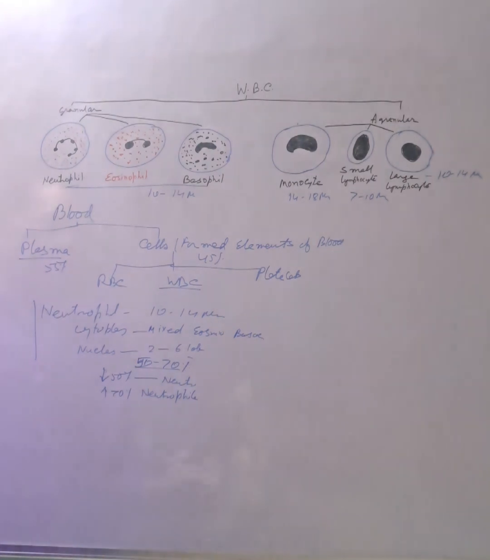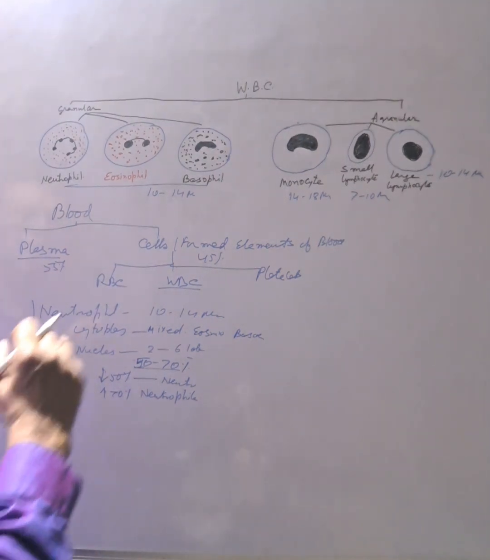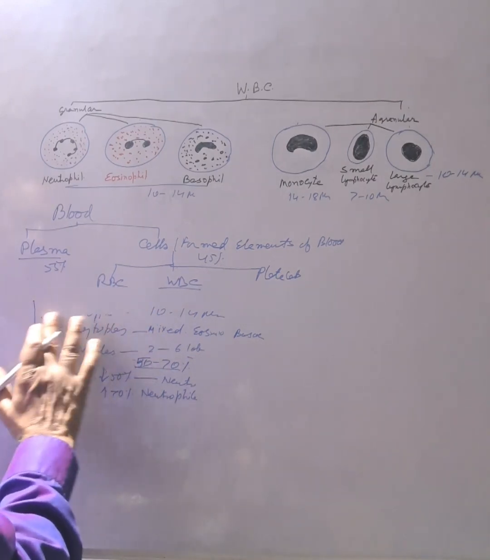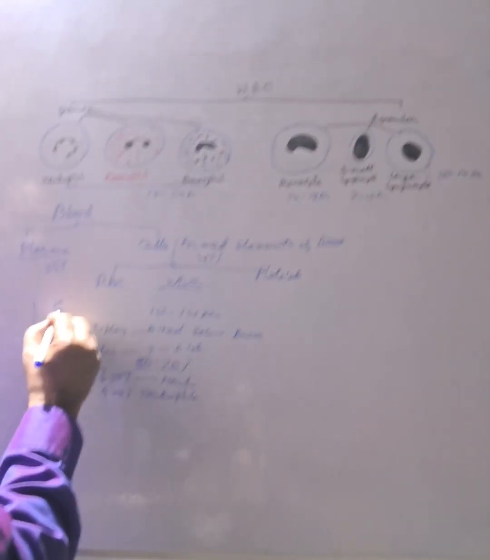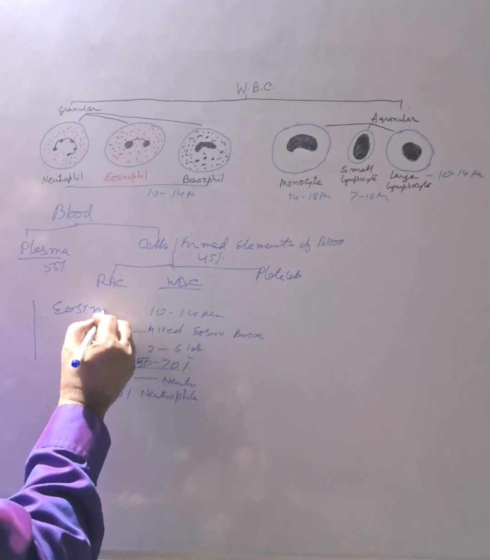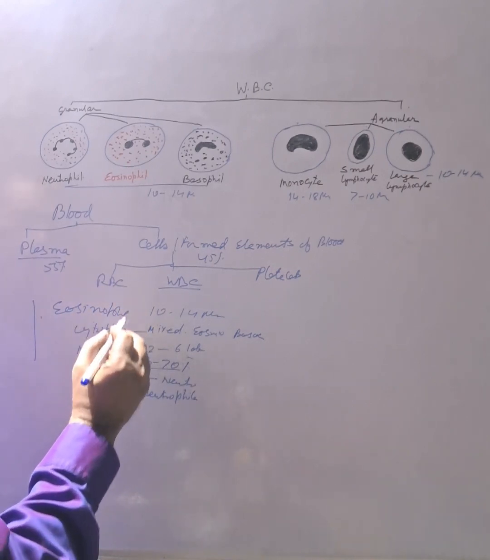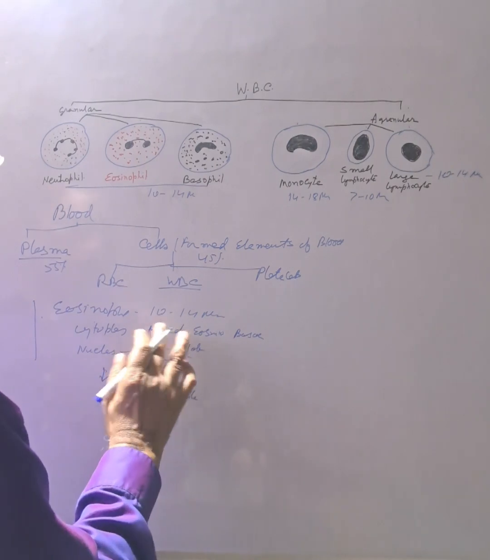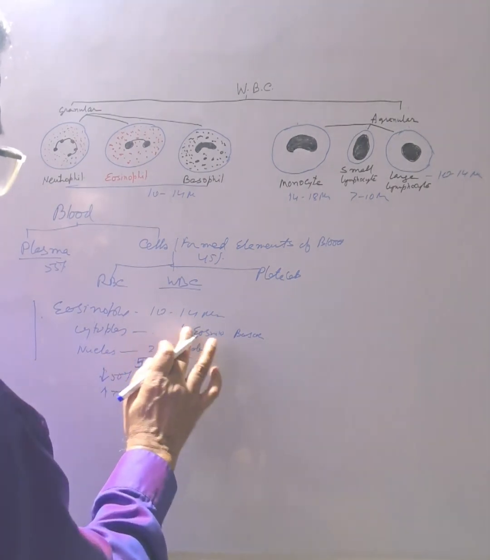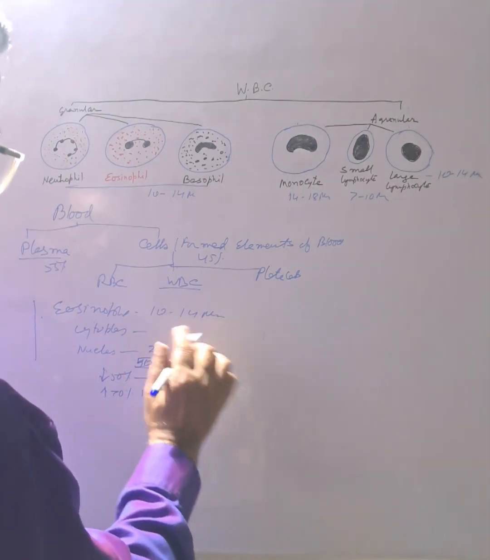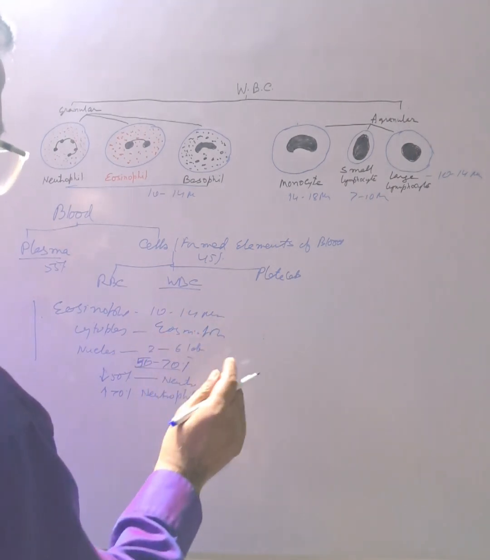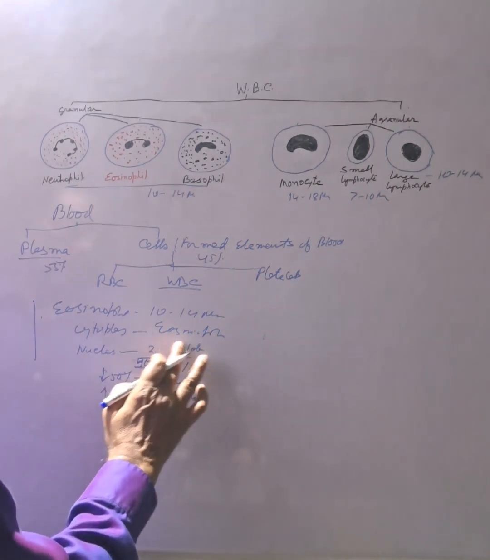Okay, clear? Now, another cell is eosinophil. Eosinophil size is 10 to 14 micron. The cytoplasm contains eosinophilic granules, that is, red granules.